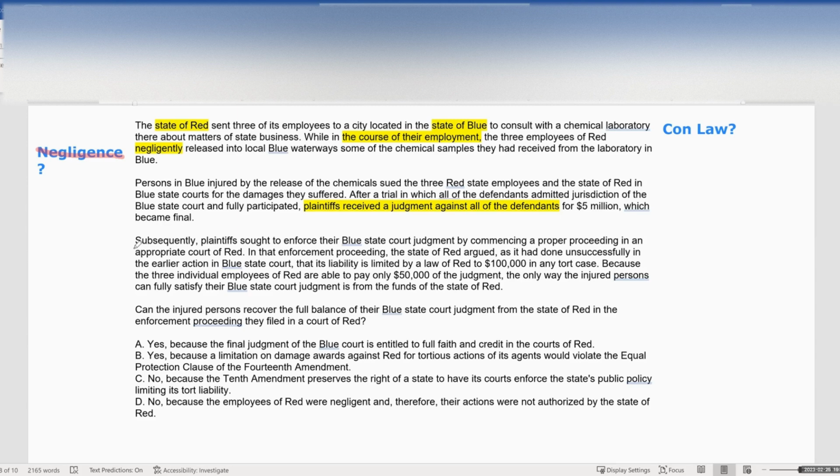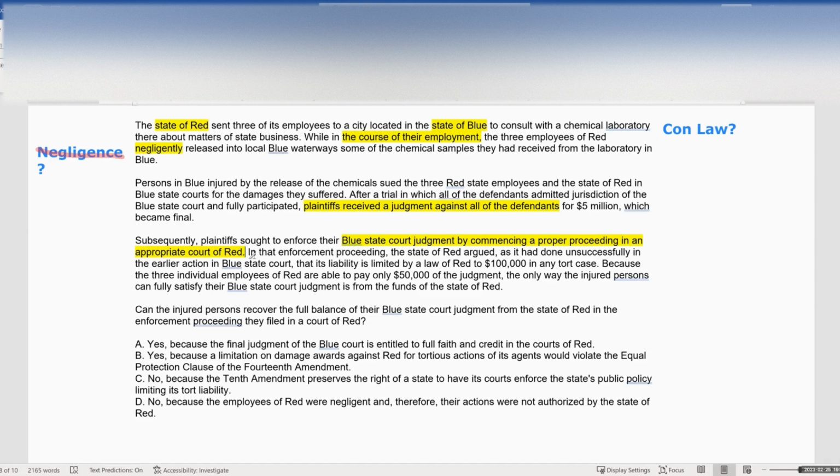Subsequently, plaintiffs sought to enforce their blue state court judgment by commencing a proper proceeding in an appropriate court in red. Now they're suing in red. They are bringing the judgment that they received to enforce it in the state of red.